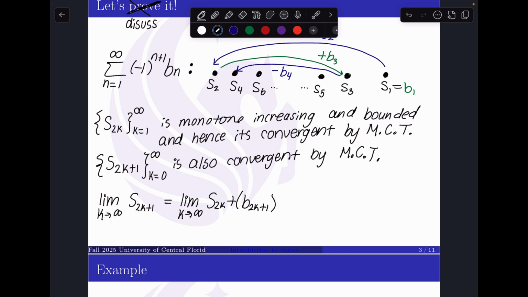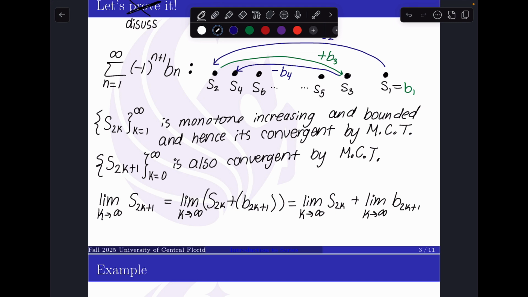That's how we're going to get from S sub 2k plus 1 to S sub 2k. So we're going to add our next B sub n. Well, if I evaluate this limit, I've got limit as k goes to infinity of S sub 2k, which I know exists, plus limit as k goes to infinity of B sub 2k plus 1.